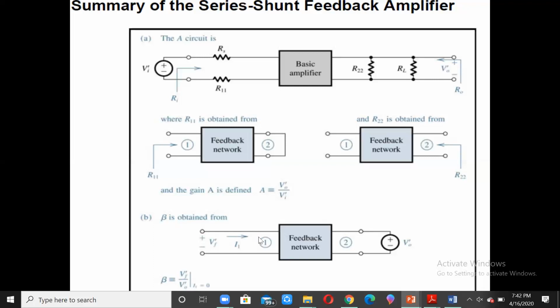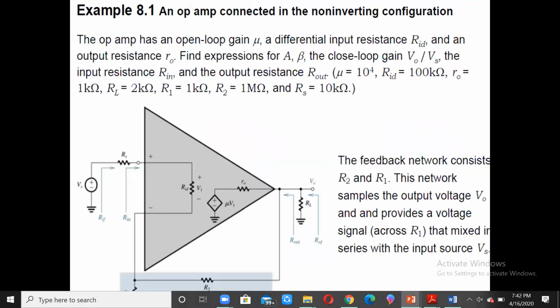The I1 is the current which is flowing over here. So taking an example of this here, we are taking an op-amp which has an open loop gain mu, a differential input resistance RID and an output resistance R0. We need to find the expression for A, beta, and the closed loop gain V0 by Vs, the input resistance Rin, and the output resistance Rout in terms of mu.